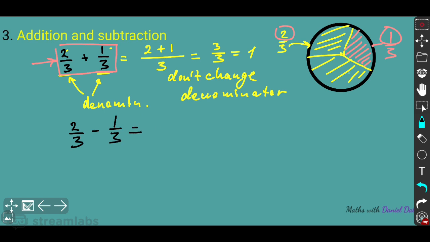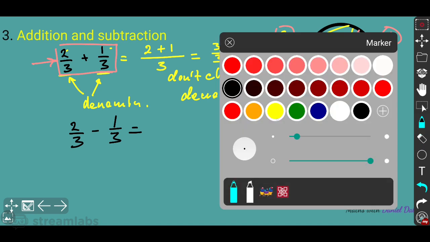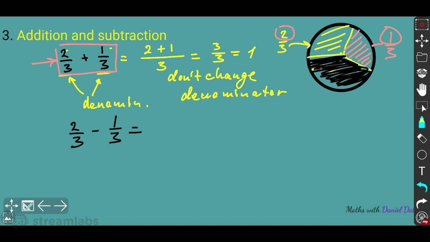From the yellow zone, you eliminate this part, which is 1 over 3, you're taking it away.